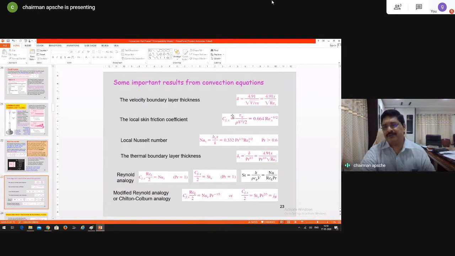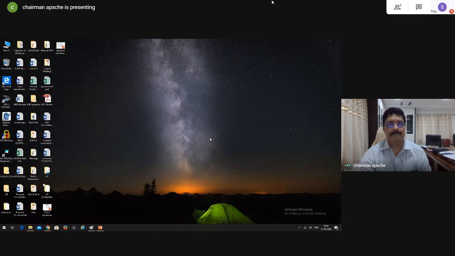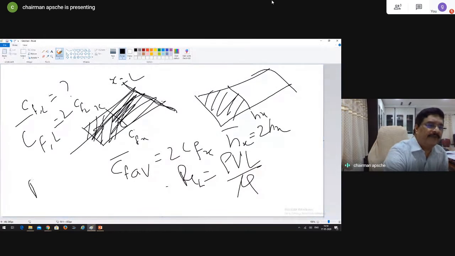Once you know the shear stress tau W, multiply that with the area and you calculate the drag force also. So you may be asked to calculate drag force. Drag force is tau W into area. What is tau W?